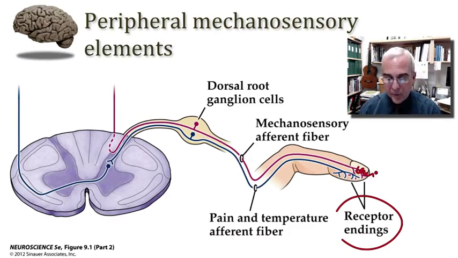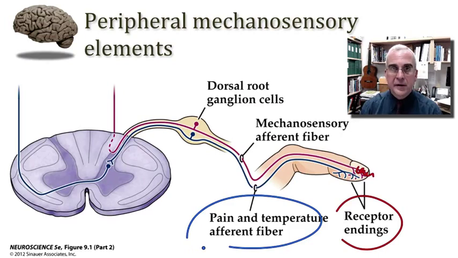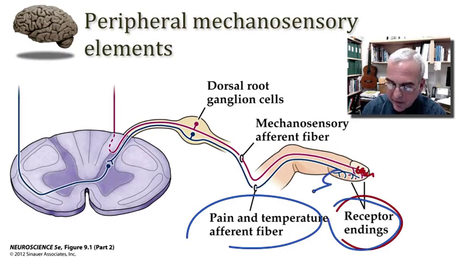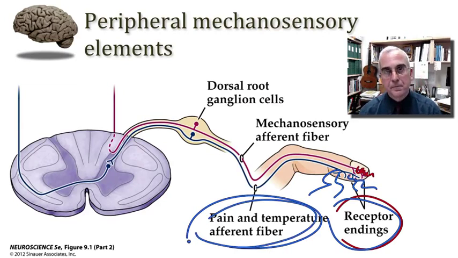Well, we also show a different cell here, one illustrated in blue, that is going to be sensitive to pain and temperature signals. And we'll talk more about this pathway in a later session. What we'll find is that there is a different kind of receptor ending there and a different set of proteins expressed on that ending that label that line as being sensitive to pain and temperature.